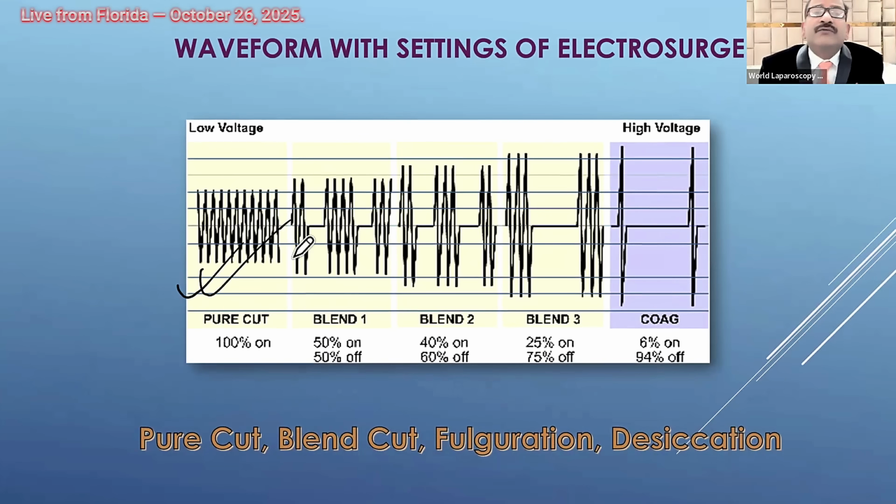Now, if you are opening the vault in a hysterectomy, or doing myomectomy, partial nephrectomy or liver resection, then you should use blend mode. Because blend mode has a little coagulation component, the margin will not bleed, and the vaginal angles will not bleed.